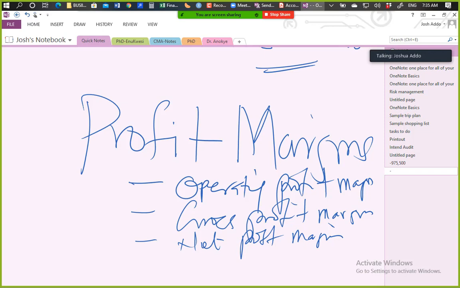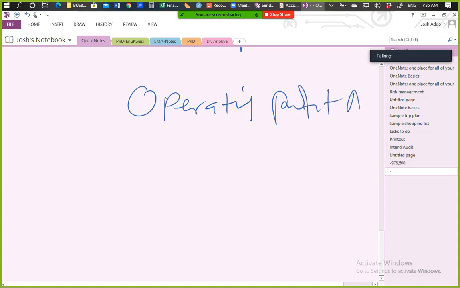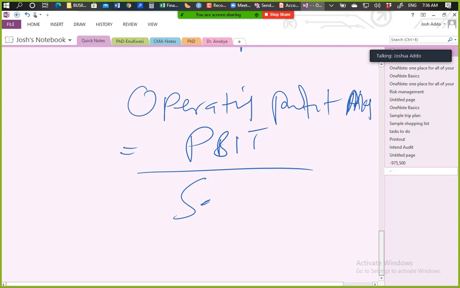So let's look at the formulas. Operating profit margin is calculated as the operating profit, that is profit before interest and tax, divided by sales revenue or revenue, times 100%.